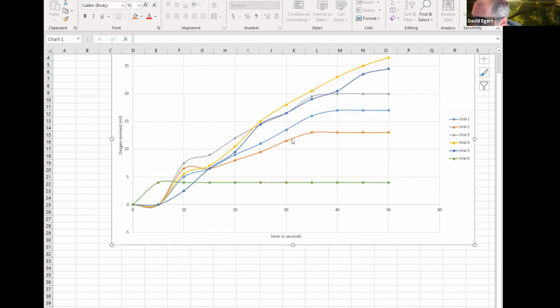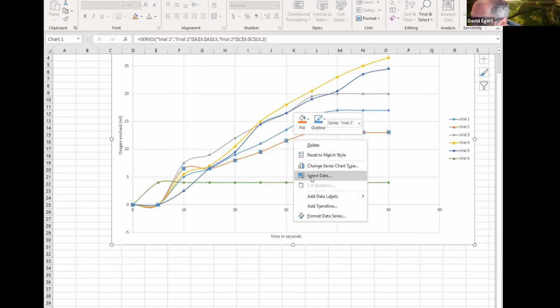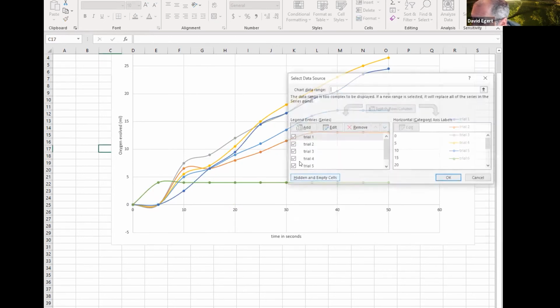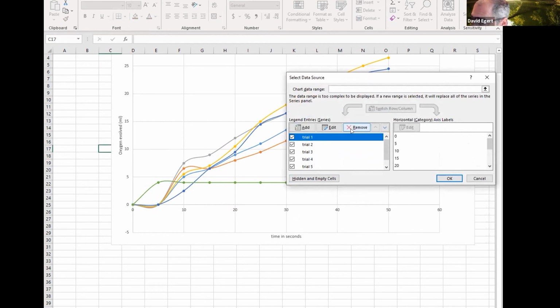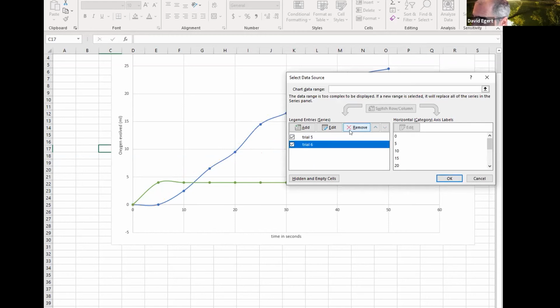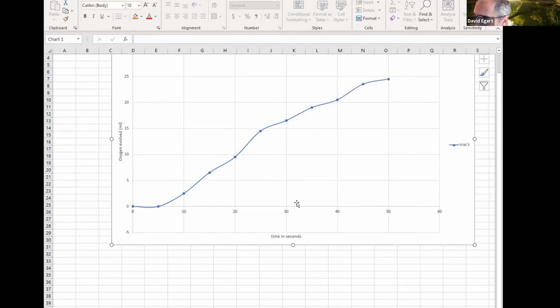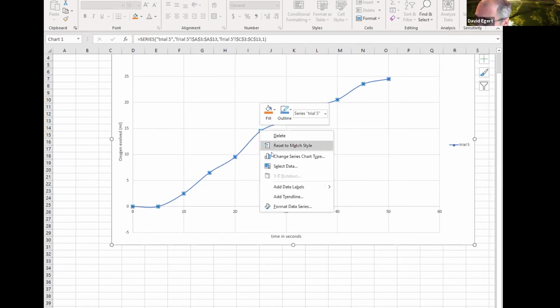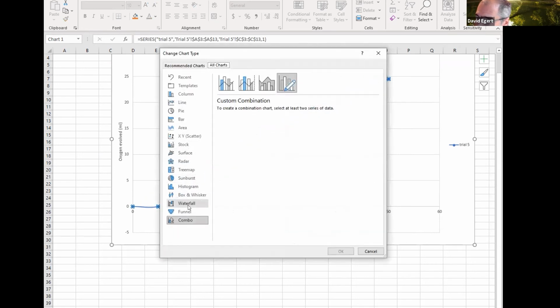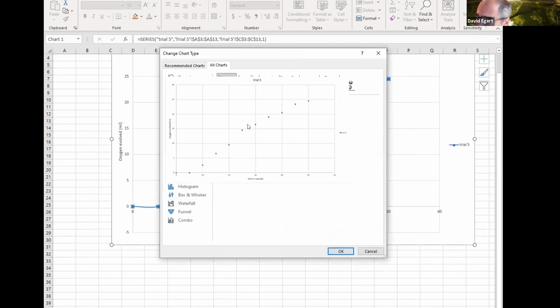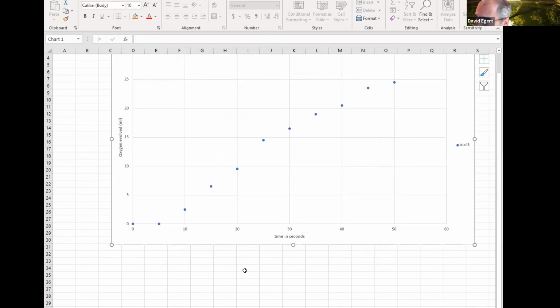Cancel, but I did the opposite of what I meant to do. Okay, here is trial 5. In fact, let me just make it a more classic scatter plot. Okay, that's more what you're going to be drawing. Something that looks like that.